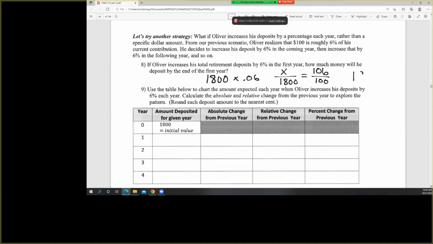We should come up with $1,908. So if I did it with a decimal, this would give me the increase, and then I would need to add that on to the 1,800.